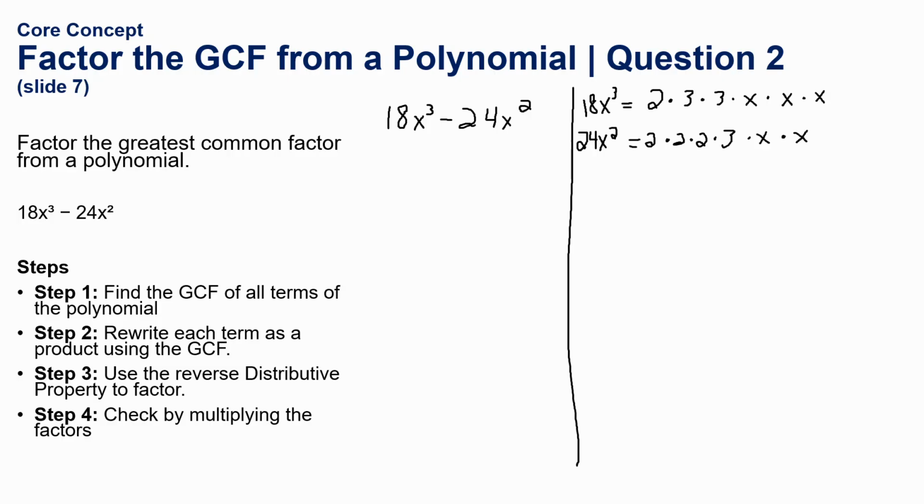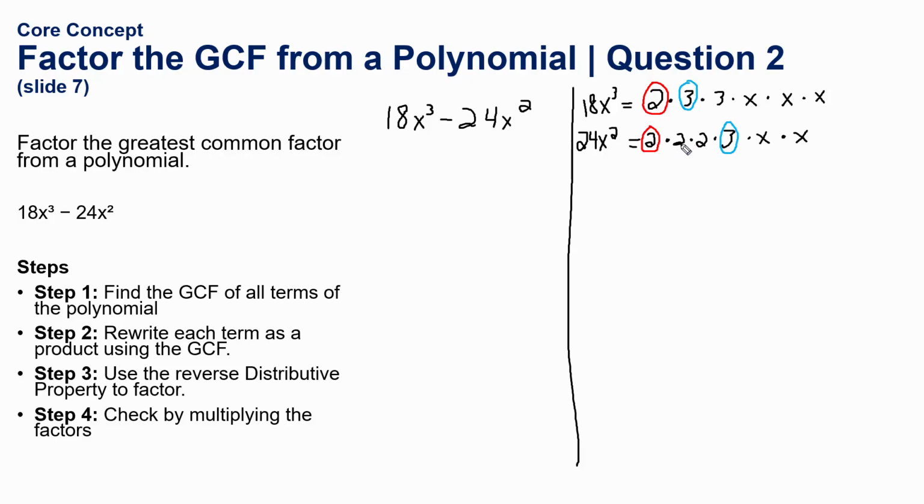Then matching up the common factors, I see a 2 and a 2 that matches up. So that's the first term that can match up. I then see a 3 and a 3 that match up.